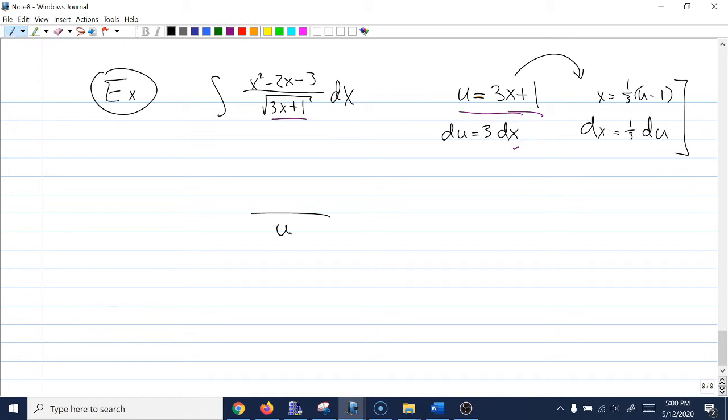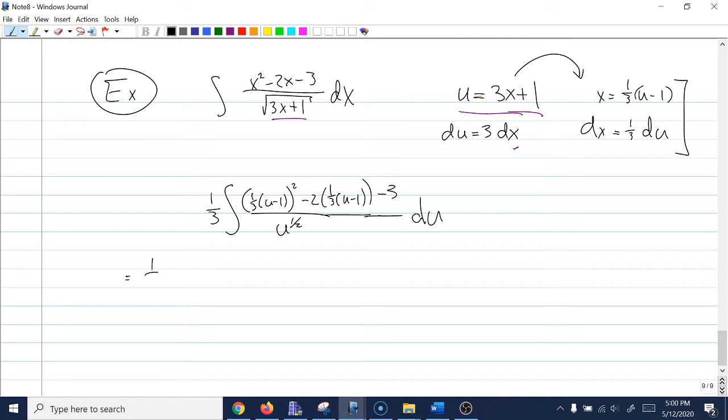I had u to the 1/2 on bottom. I had 1/3 u minus 1 squared minus 2 times 1/3 u minus 1 minus 3. dx becomes 1/3 du. Let's go ahead and pull the 1/3 all the way out. What is this?